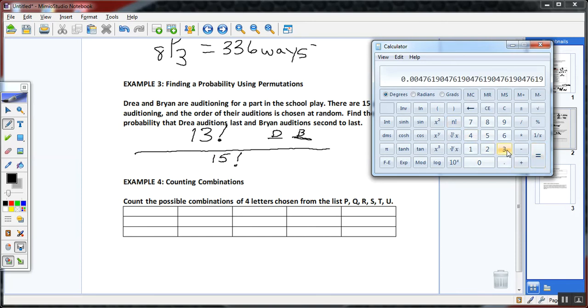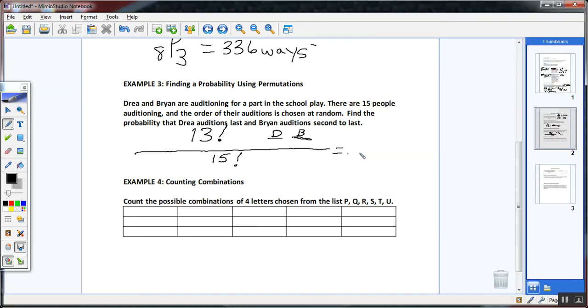What percent chance is it that they're the last two? If I move the decimal 2 to the right, 0.0048, is it okay if I call it about 0.48%? So this is approximately what percent, kids? Yeah, so it's less than 1%, isn't it?